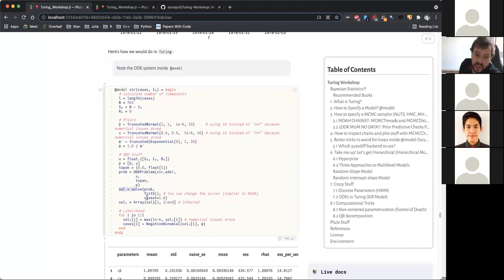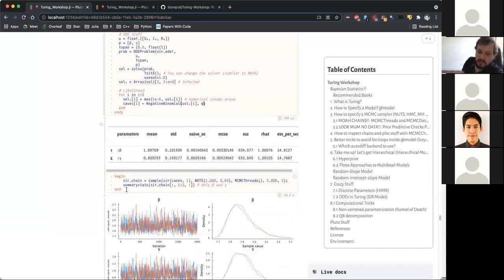And then this is the solution, and I get only the infected from the solution, and then I plug it in here in cases, negative binomial, only the infected for the length of time with my dispersion parameter from the negative binomial, and this is what I get back.